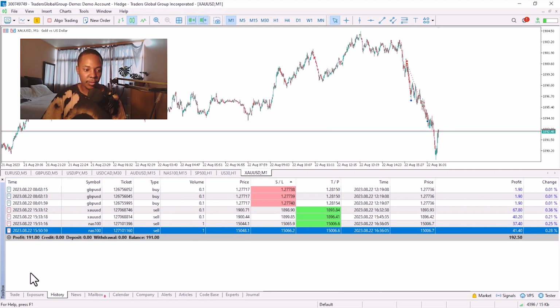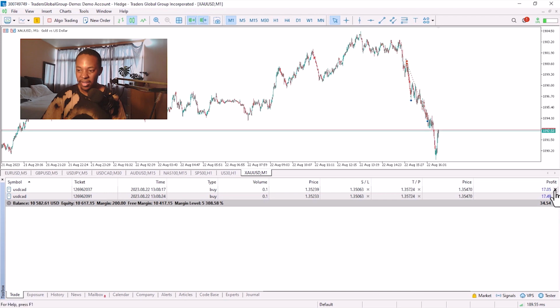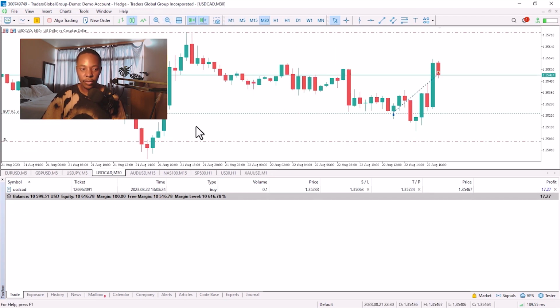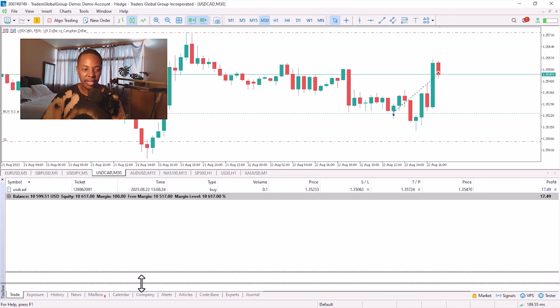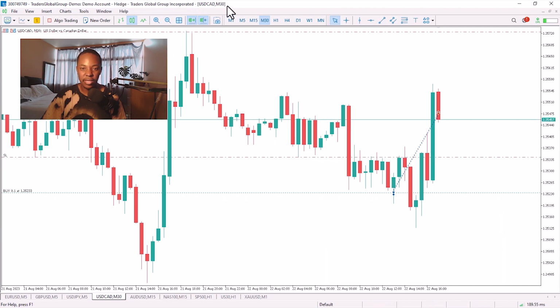So yeah, and as we were talking about CAD, I'm gonna take partials. Almost forgot about it. I'm gonna take partials and log profit on this one. Let me go to a lower time frame.